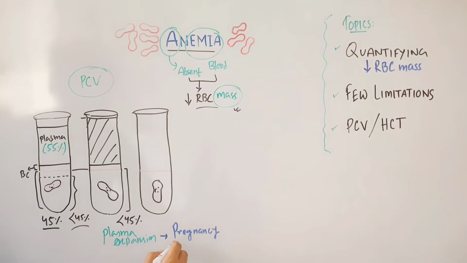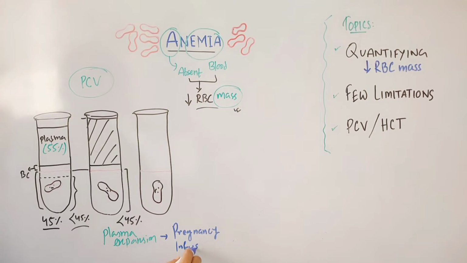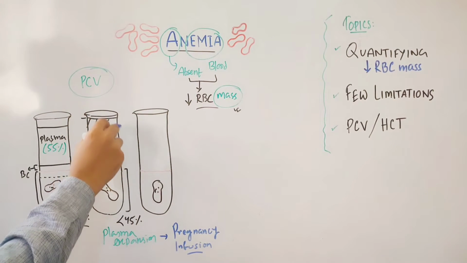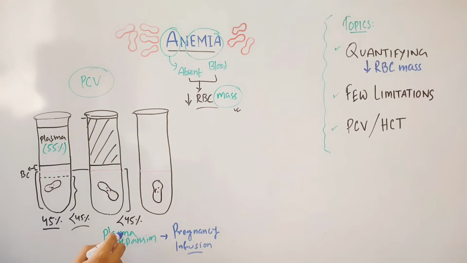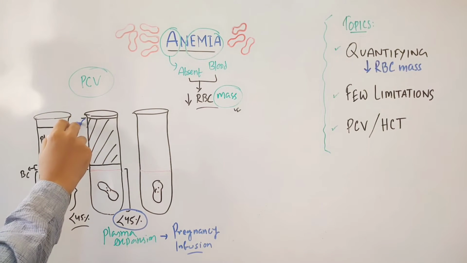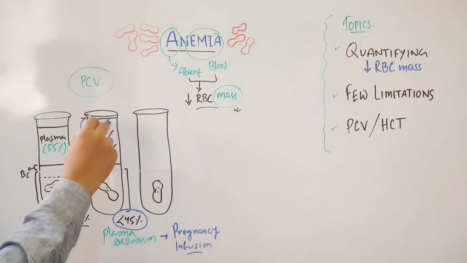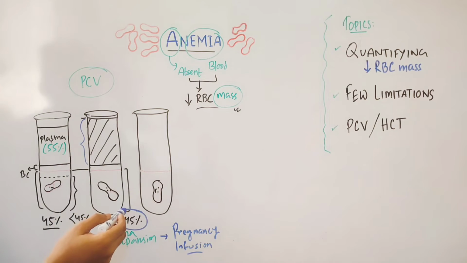Other than pregnancy, if a patient has been infused with a lot of saline water, then also the plasma can expand, and in that case also we will get a falsely reduced hematocrit value, but the patient is actually not anemic, because the enhanced amount of plasma is making us think that the patient has less RBCs, but actually the RBC mass is normal.